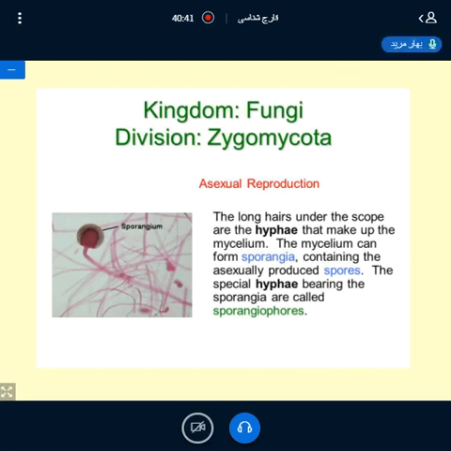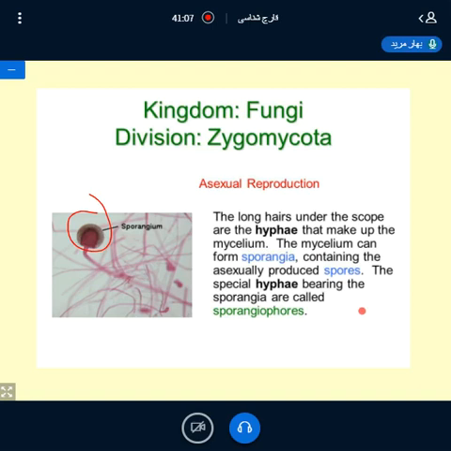Sexual reproduction. The long hairs are the hyphae that make up the mycelium. The mycelium can form a sporangia containing the asexually produced spores.